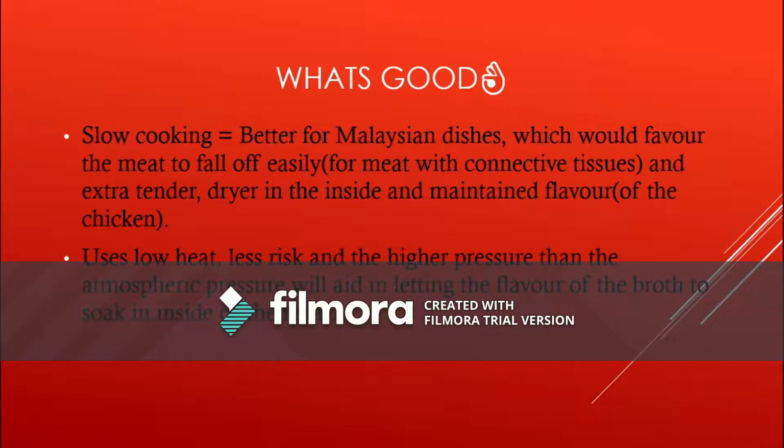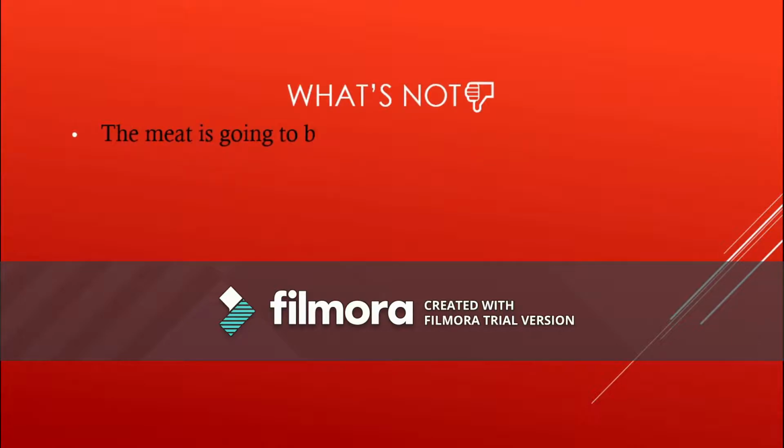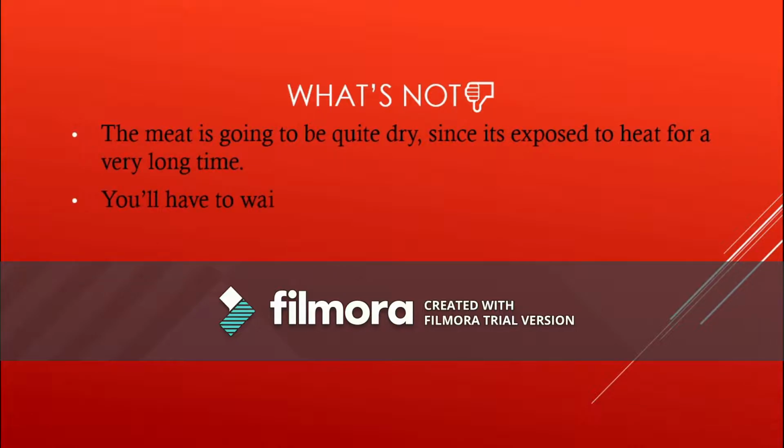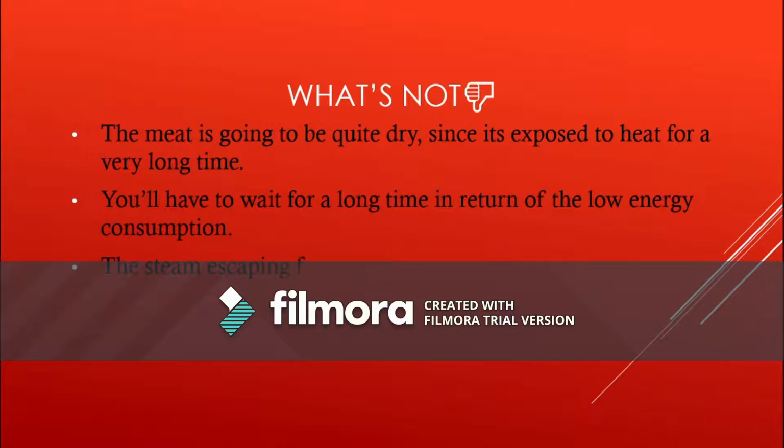meat. And then what's not good about slow cooking is, firstly, the meat is going to be quite dry since it is exposed to heat for a very long time, although it's a low heat. And then you'll have to wait a long time in return for the low energy consumption.